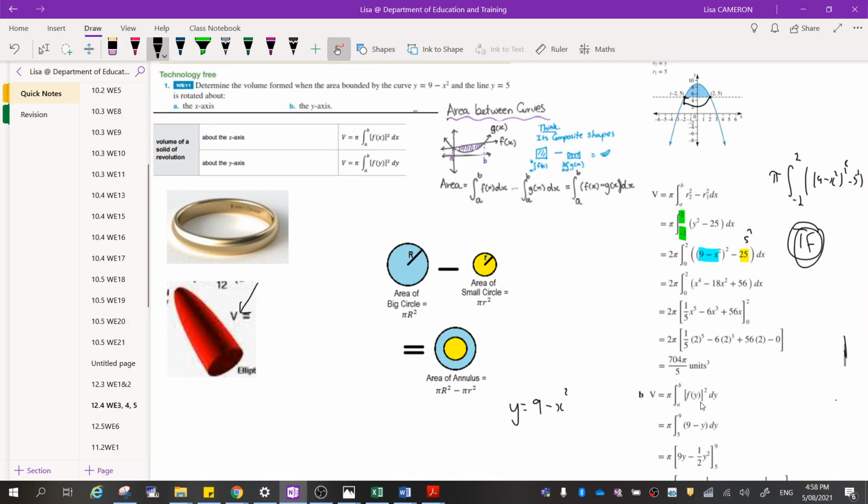And now in here I need to put it in as a function of y. So y needs to be in the equation, which means that I'm going to be substituting in y, take the 9 across, divide it all by -1, and then square root that answer. And that's going to give me x.